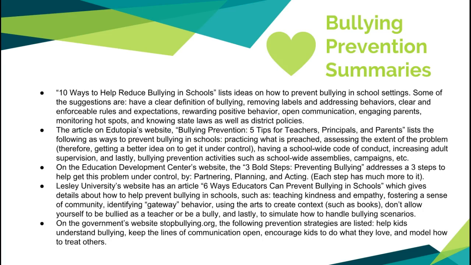A few more that I found were practicing what is preached as far as positivity and empathy. Getting a better idea of the problem: one of the articles said surveying students to get information from them as far as what kind of bullying is happening and where it is happening, so that you get an idea of how you can try to get it under control.